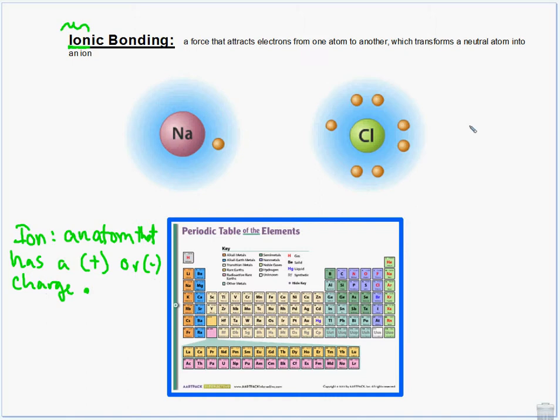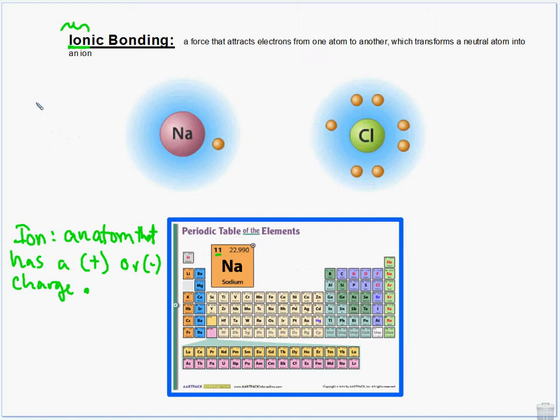Now, here's sodium. And sodium on the periodic table is right there. And it is in group or family number 1, the alkali metals. And we can see right here it has an atomic number of 11.